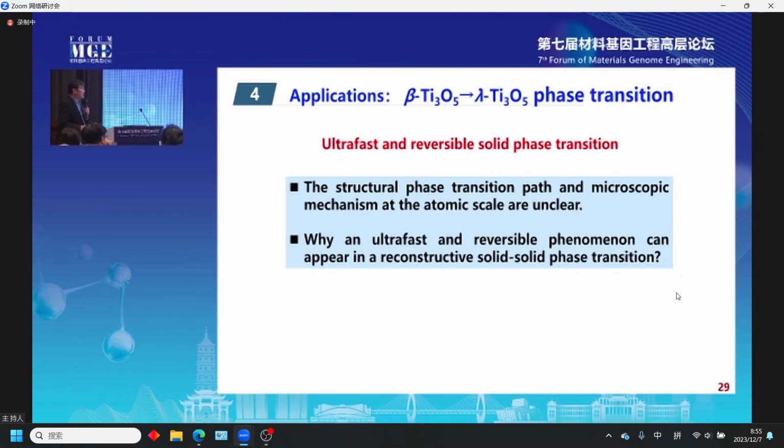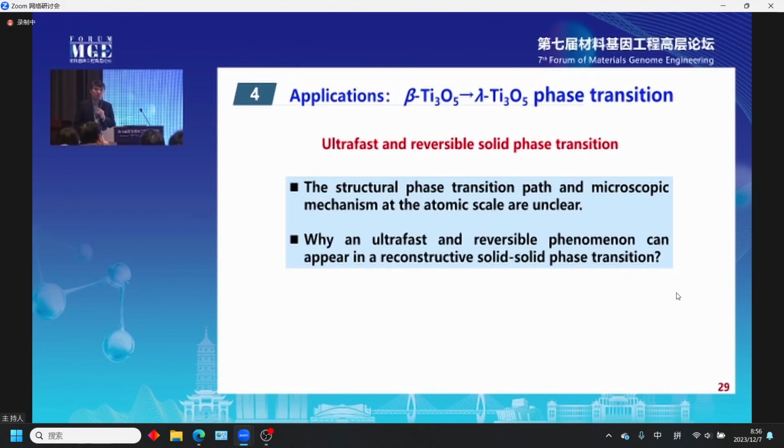We want to know what kind of structural phase transition path and microscopic mechanism is still unclear, and why this can appear in this reconstructive solid phase transition.